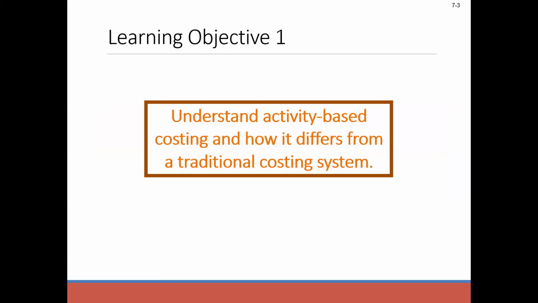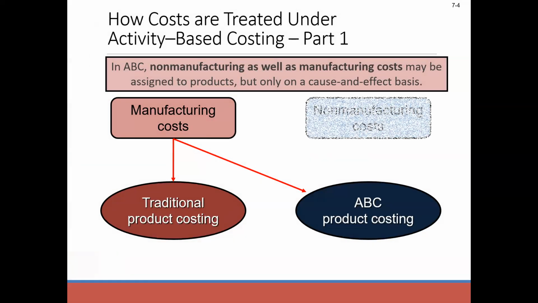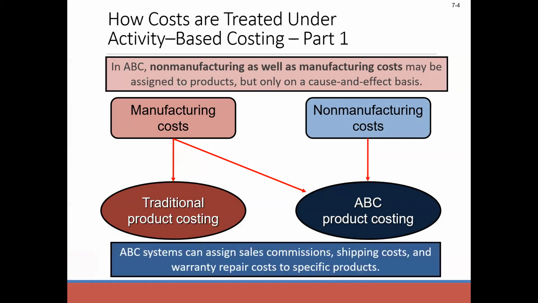First, we're going to start with understanding the difference between traditional costing and ABC costing. ABC can be used in manufacturing and non-manufacturing settings, because it can be assigned to products and in that respect has what we call a cause and effect basis.